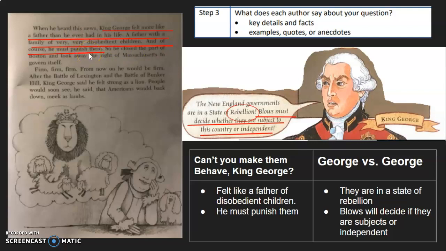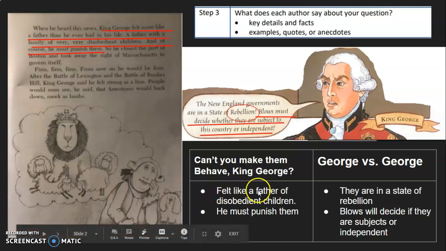Ooh. Now, on this quote from George versus George, King George says, New England governments are in a state of rebellion. Bellows must decide whether they are subject to this country or independent. Well, can't you make them behave, King George?